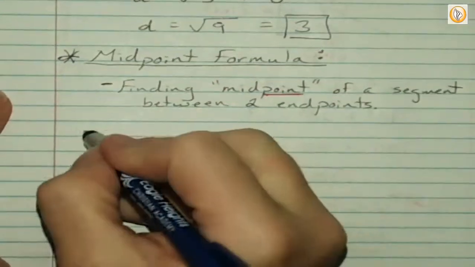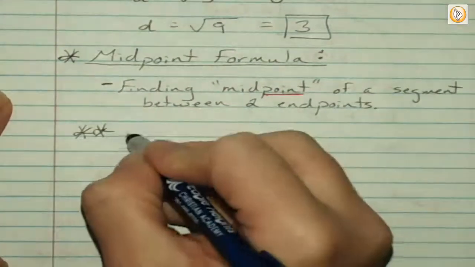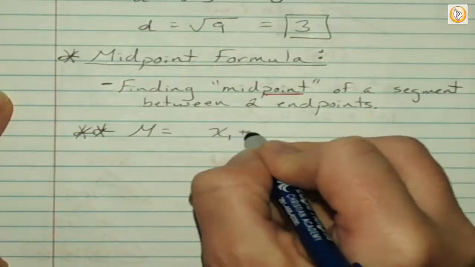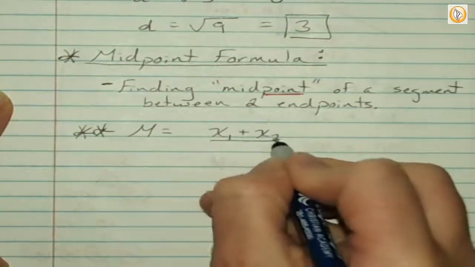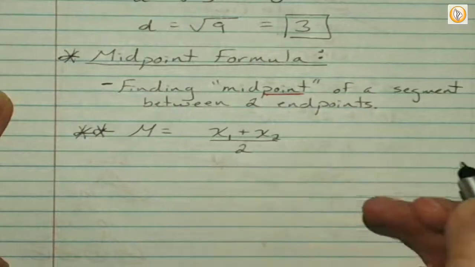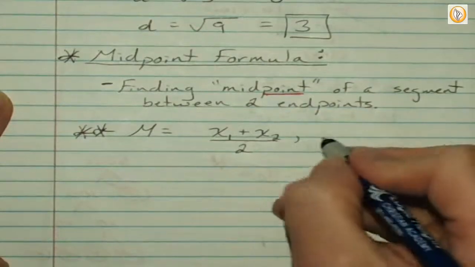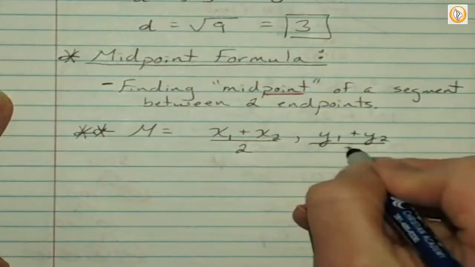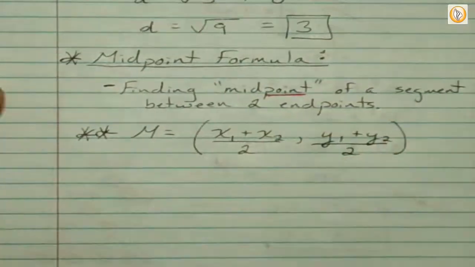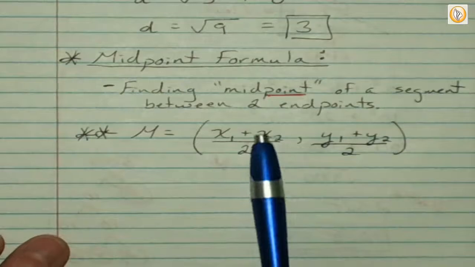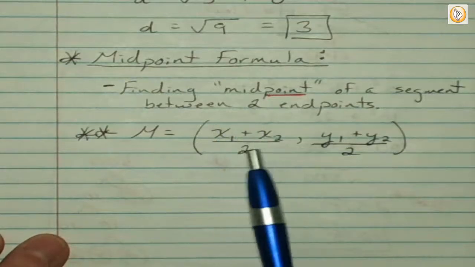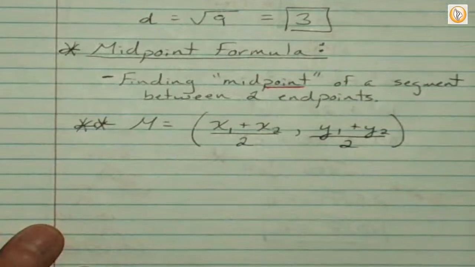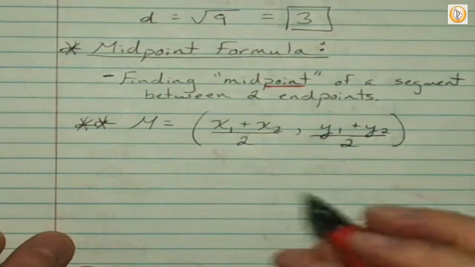The formula: x1 plus x2, divided by 2, comma, y1 plus y2, divided by 2. Now, if you notice, we have something going on with the x, a comma, and something going on with y. What does that look like? The point of this, x, y.